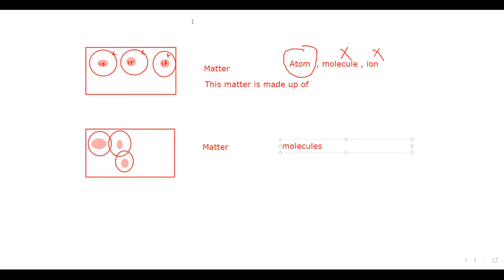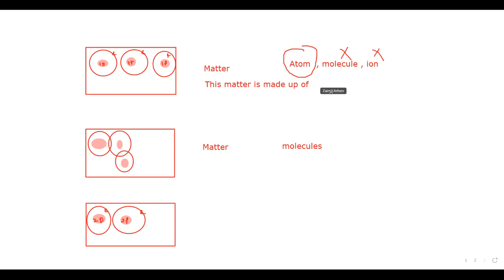When they're joined together, that matter is made up of molecules. And if it had a different number of particles, for example, two protons and one electron, two protons and one electron, what will be the charge here? Because it contains more protons and fewer electrons, the charge will be positive.